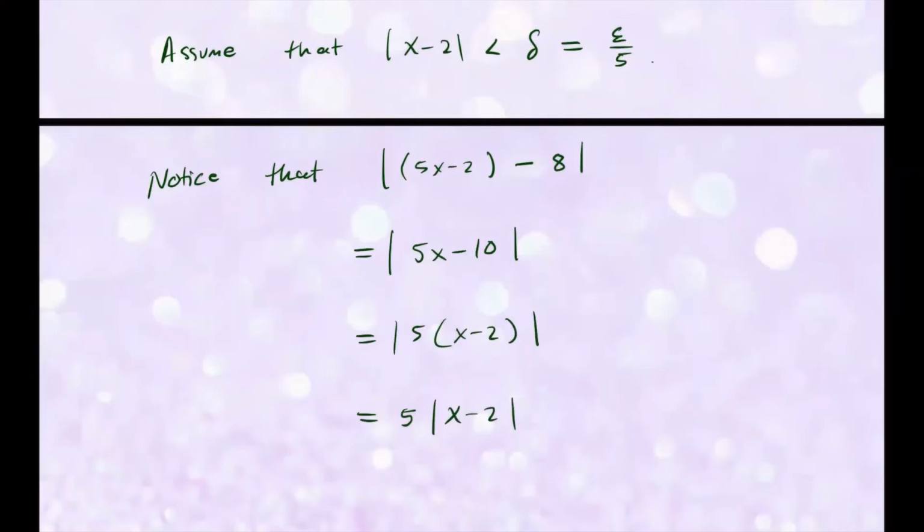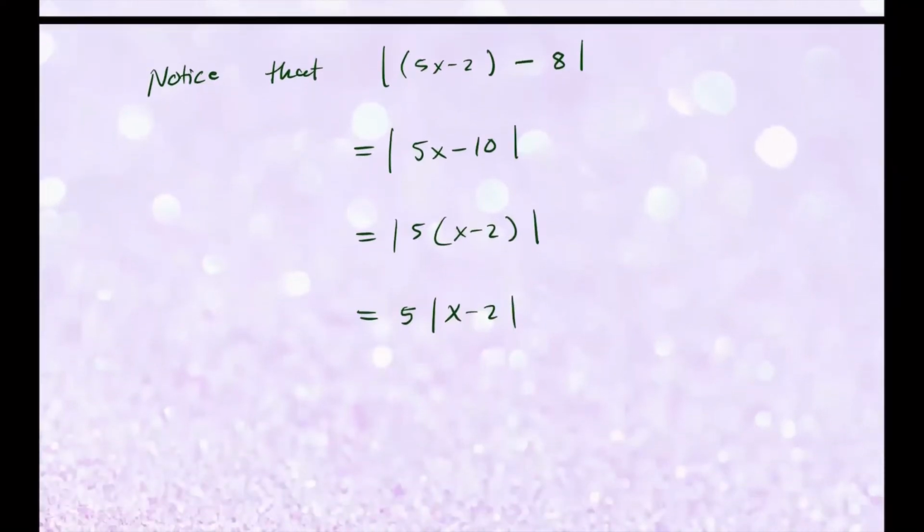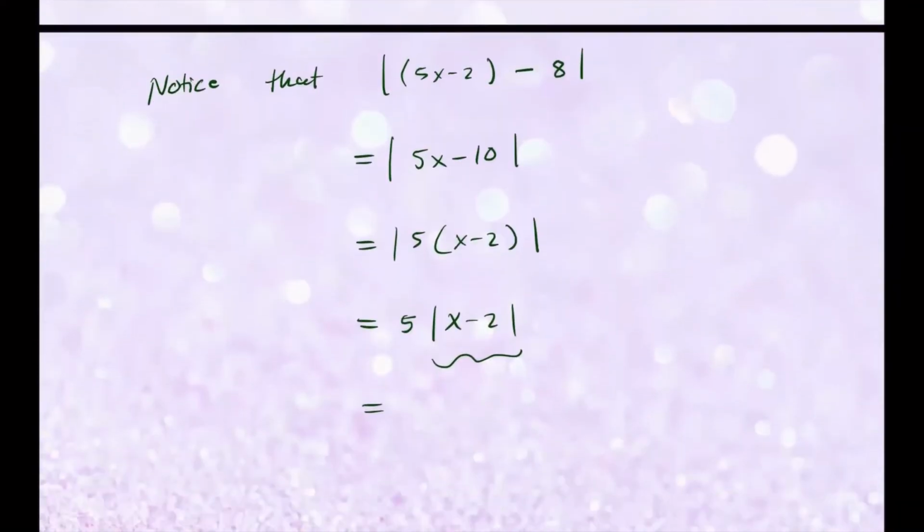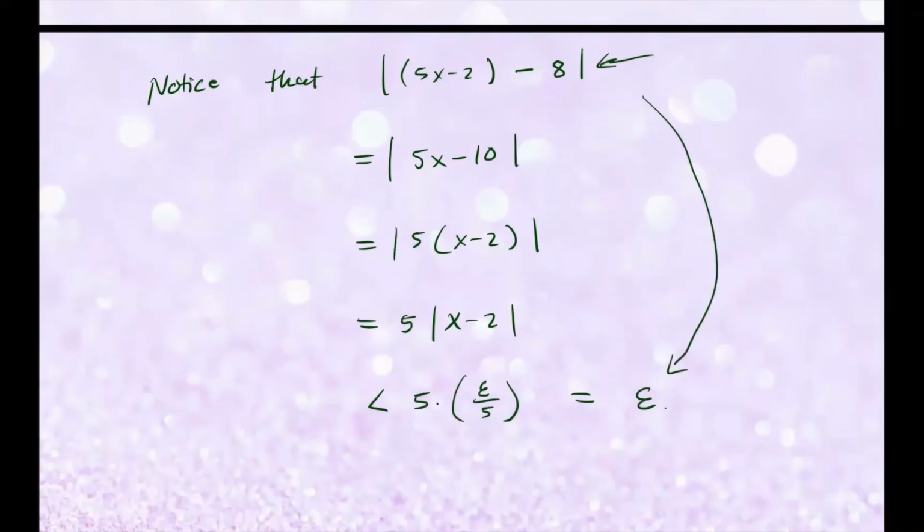So we're just backtracking everything we did earlier. And now, what is this equal to? Well, we know that this expression is less than epsilon over 5, so I can substitute that in there and bring in the less than symbol. We have 5 times epsilon over 5, and that is equal to epsilon. So we have shown that this is less than epsilon.